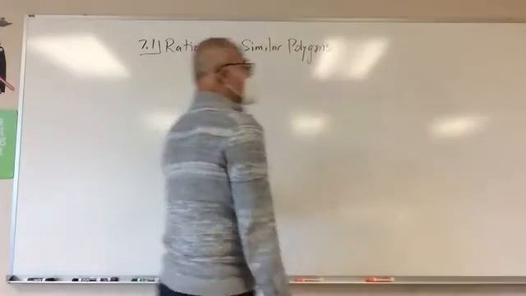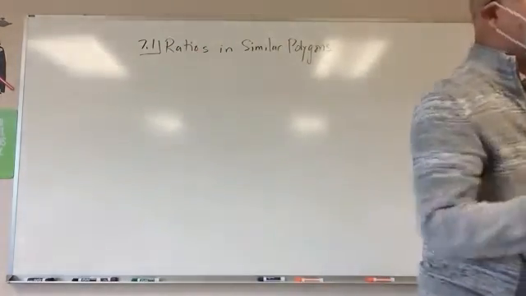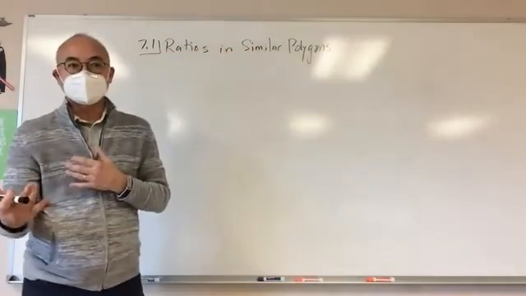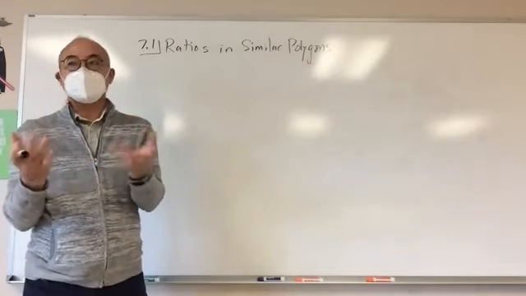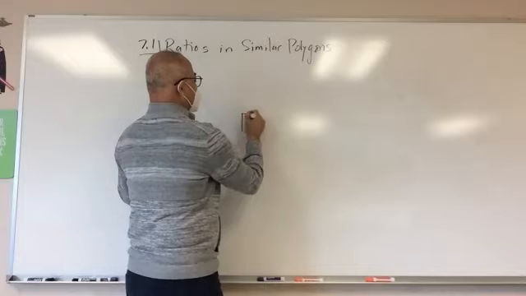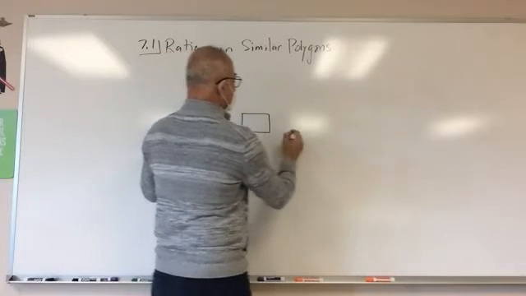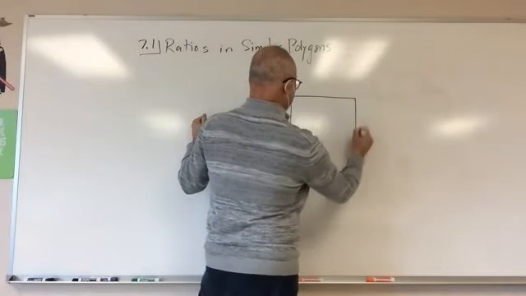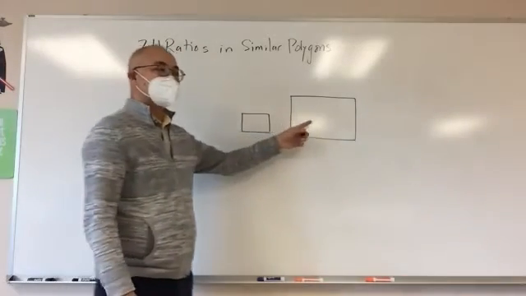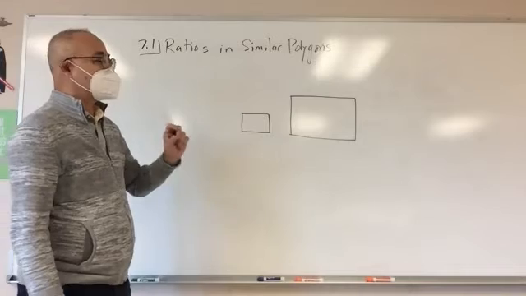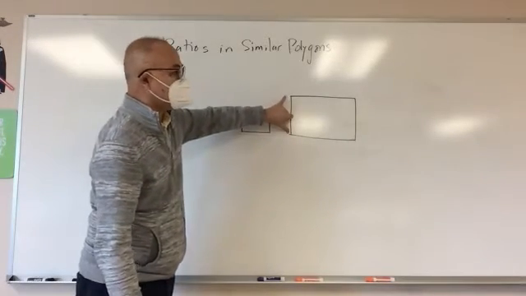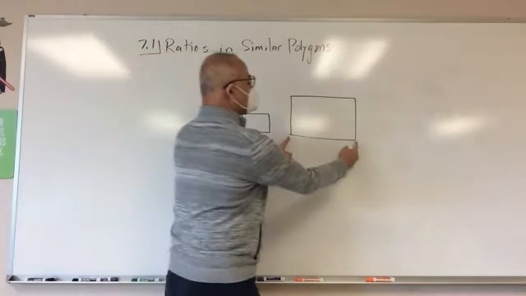Today we're going to talk about similar triangles, similar polygons. Similar polygons are polygons that are not congruent, but they're the same general shape, right? In other words, I can have a rectangle that looks like this, and a rectangle that looks like this, and I can say that they are similar as long as the ratios of the corresponding parts are the same.